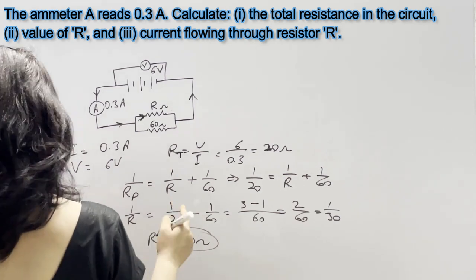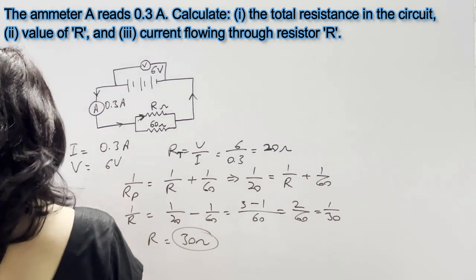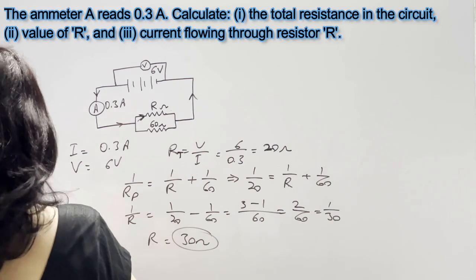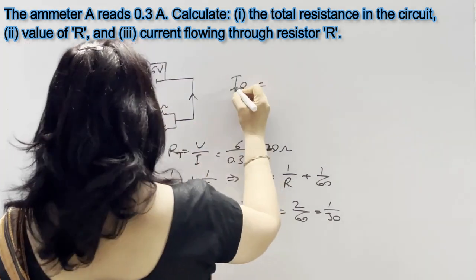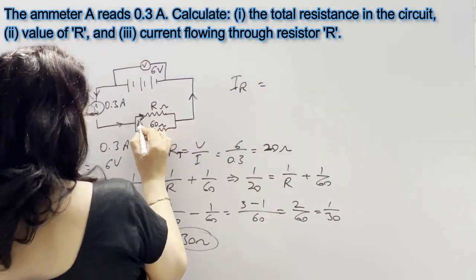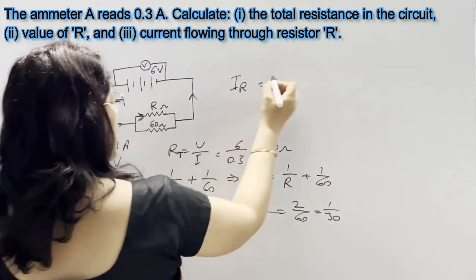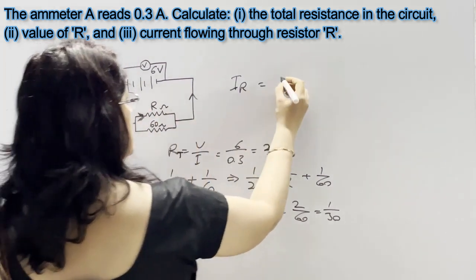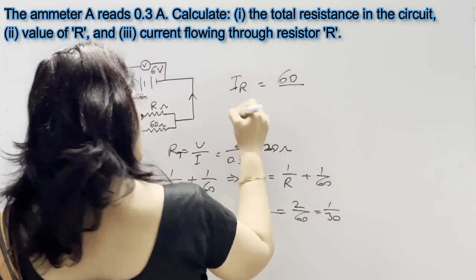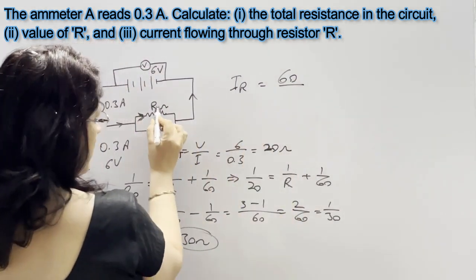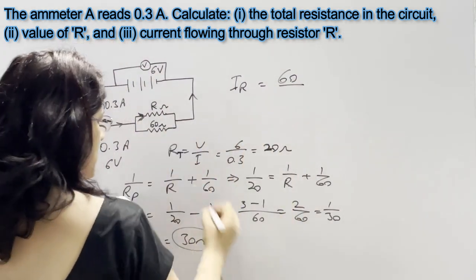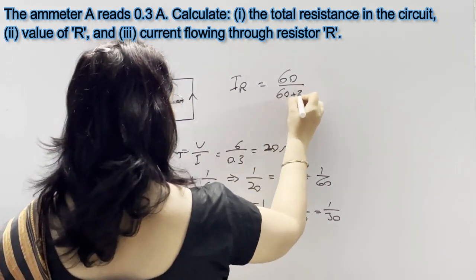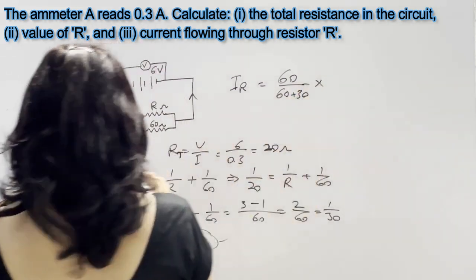This is our second part. Third part, the current flowing through this resistor. We need to calculate the current. So the value of current through this resistance R is, in the numerator, the opposite resistance, it means 60, over the total resistance, 60 plus 30, into the total current in the circuit.